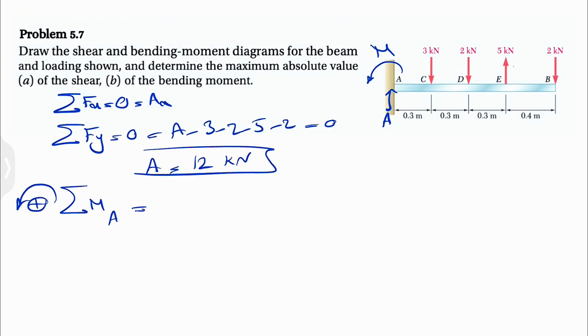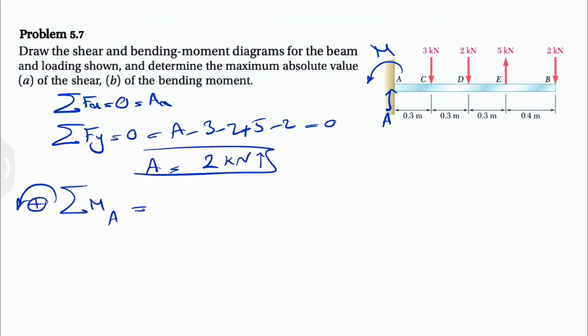One thing I missed in here, actually, this force is upward, so that's going to change our equation a bit. So we have A minus 3, minus 2, plus 5, so this is plus because it's upward, minus 2. So that's going to be 2 kilonewtons, not 12, and it's going to be upward. All right, so the rest is good.